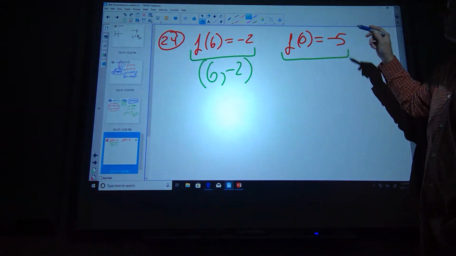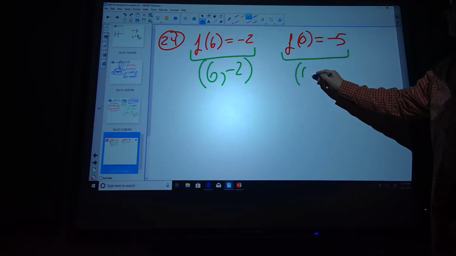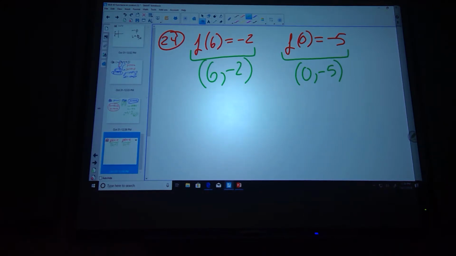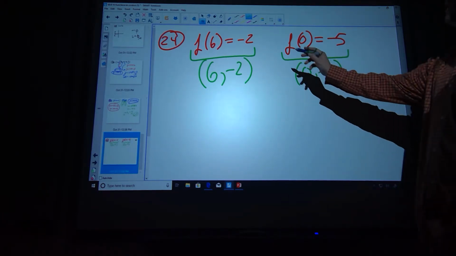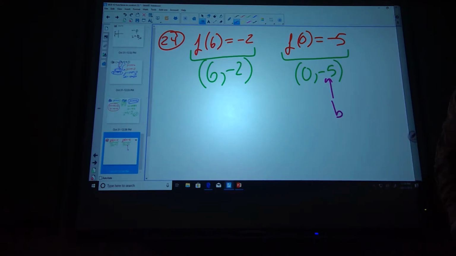So what does this one give me then? 0 comma negative 5. There you go. One of those is the y-intercept. Which one? The negative 5 is, right? So this negative 5 right here is actually my b value. The reason it's y-intercept is 0. It doesn't go right or left. It just goes down to negative 5.